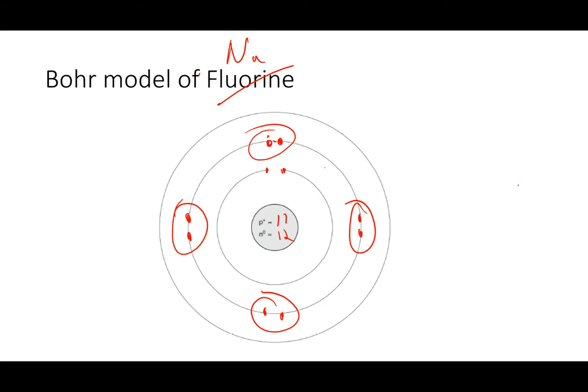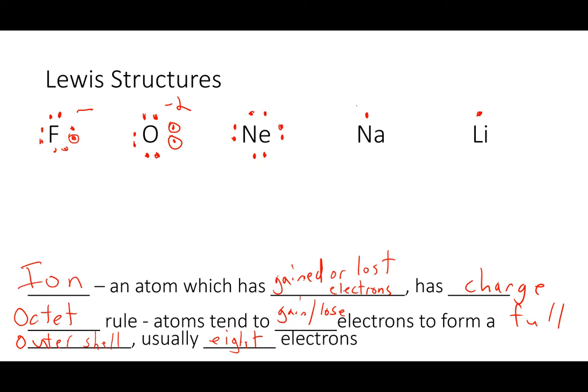The charge that it will form when it loses 1 electron is +1 or plus. They mean the same thing. So if I were to draw the Lewis structure of sodium, it likes to form sodium plus, where it loses that 1 electron.